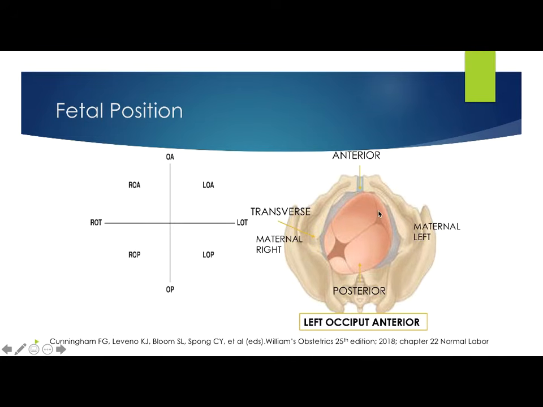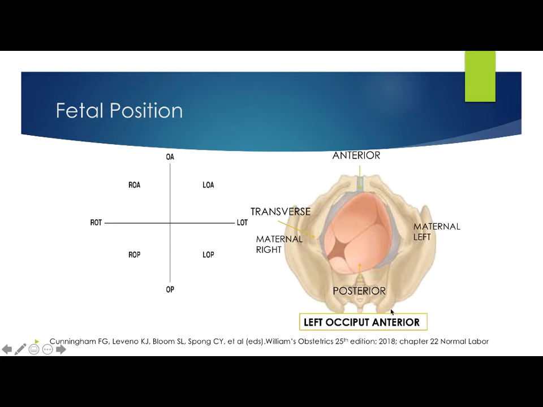If the occipital fontanelle is pointing towards this direction, then the fetal position is occiput anterior. If it's pointing this direction, this is LOA or left occiput anterior. This is left occiput transverse, left occiput posterior, occiput posterior, right occiput posterior, right occiput transverse, and right occiput anterior.